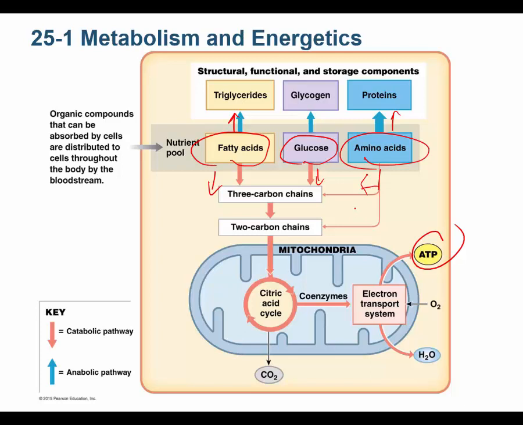Now, typically speaking, there are a couple of hormones that preserve the amino acids. They keep them from being funneled into catabolic pathways. But that's not perfect. Amino acids are indeed funneled into catabolic pathways, just like glucose and fatty acids are.